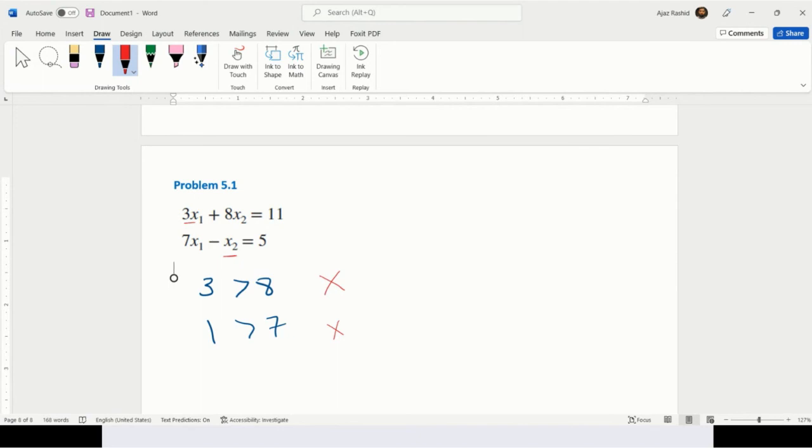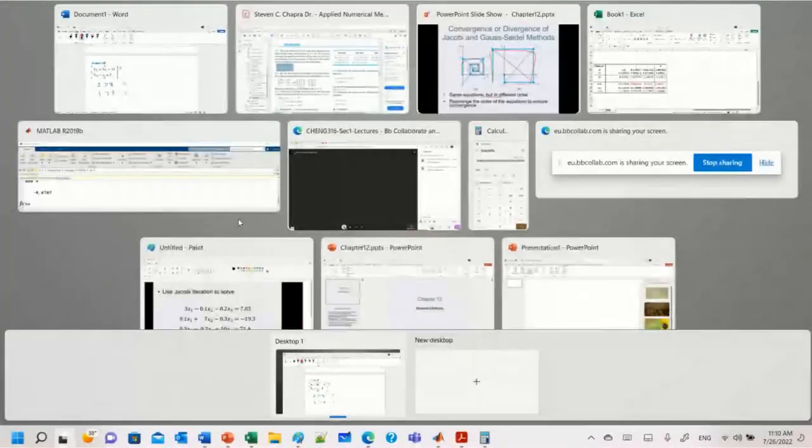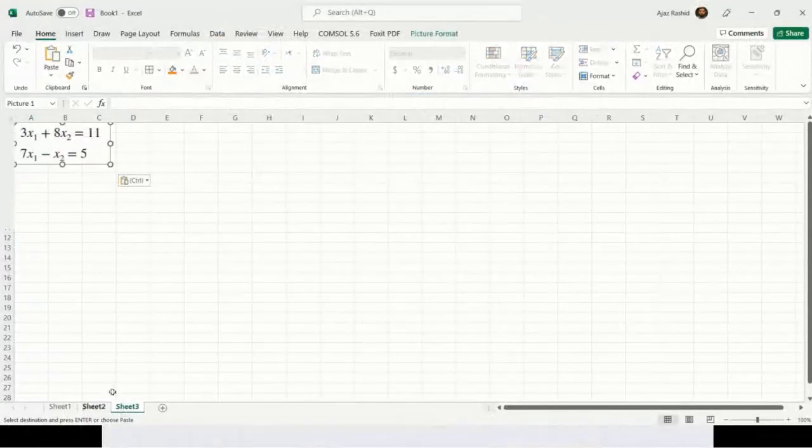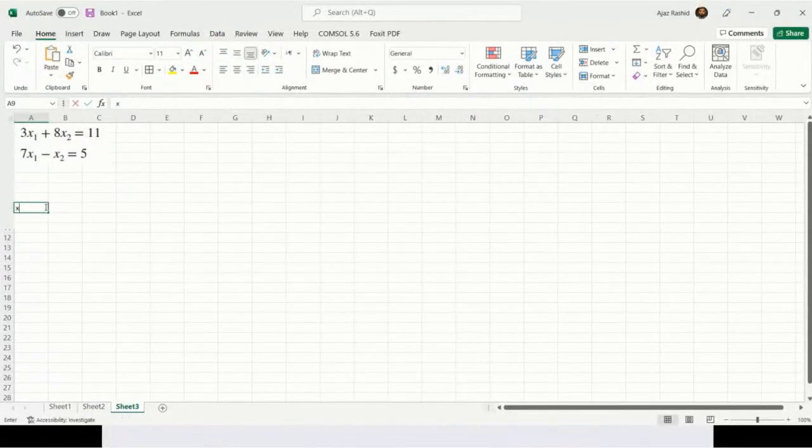If I take an initial guess, let me go to Excel and we do things there. So that's our equation. So x1, x2. Let's take 1 and 1 as the initial guess.